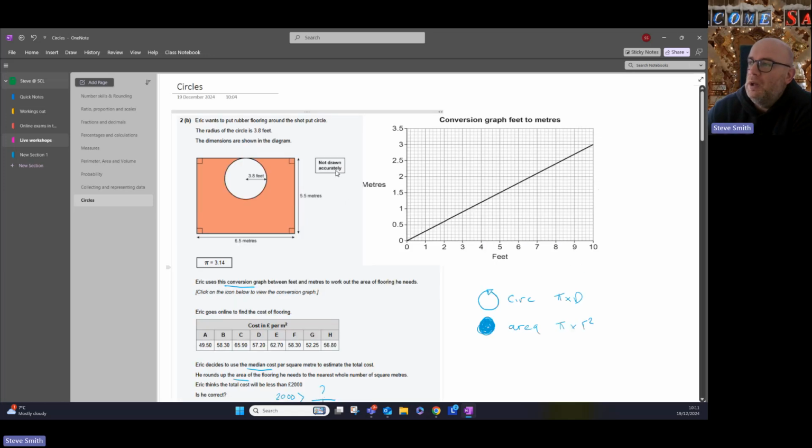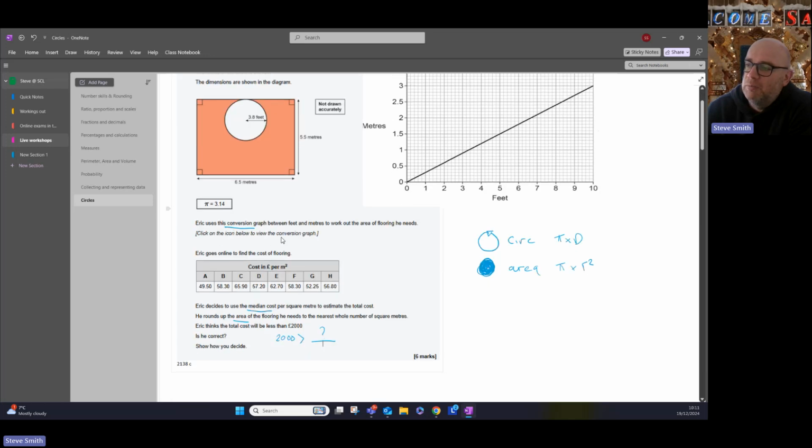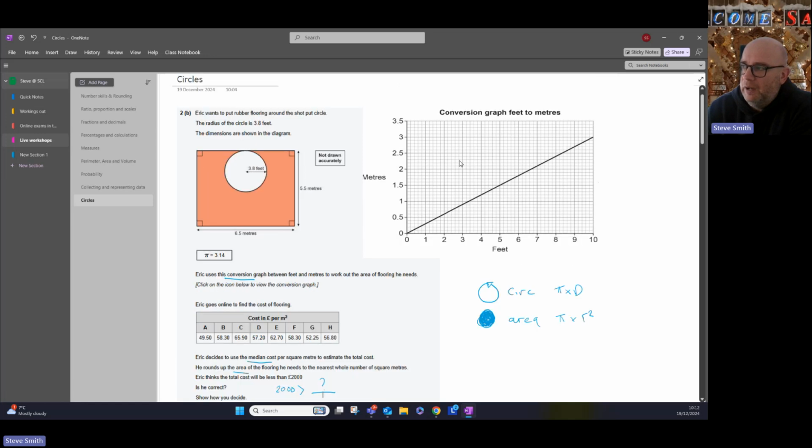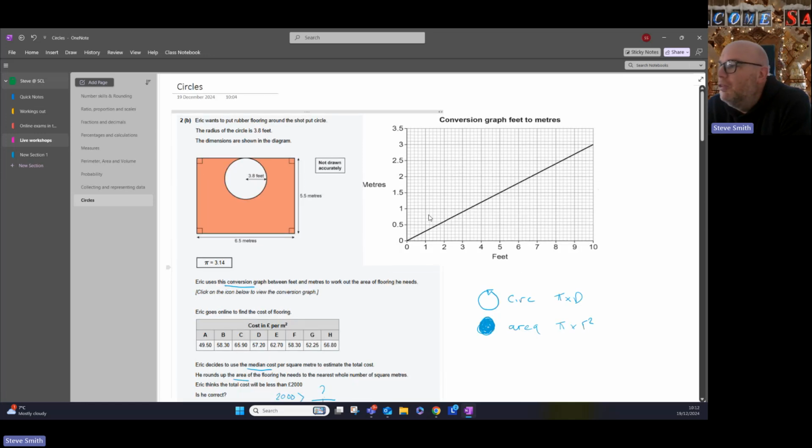First of all, we need to look at converting 3.8 feet into meters. So we're going to go up on our graph, and I've clicked it and I've inserted it here because it says here, click on the icon below to show your graph. So that was on the exam. I've clicked on the icon, it opens it up. I've just copied and pasted and put it on here so we can see it in one. So 3.8, we're looking at each square as being 0.2. So 3.8 is right there.